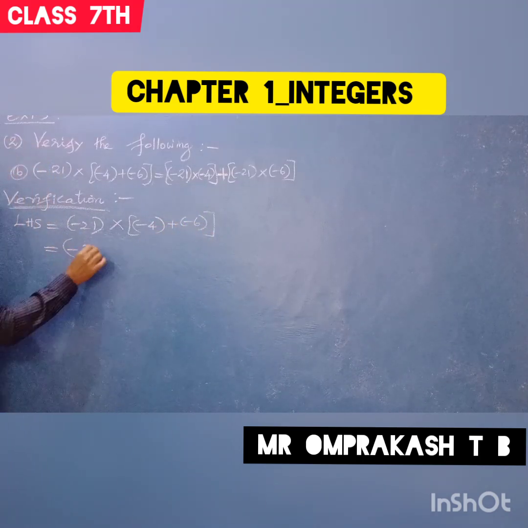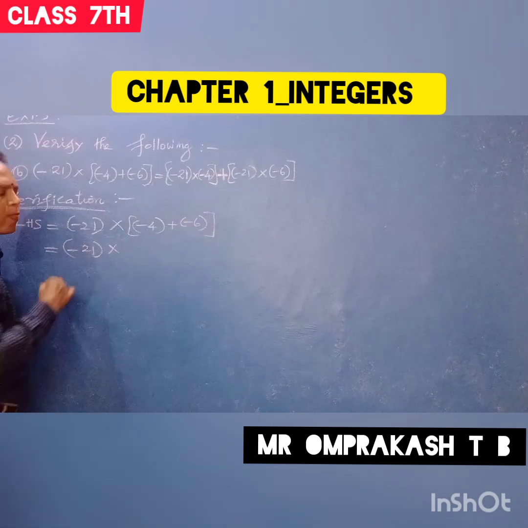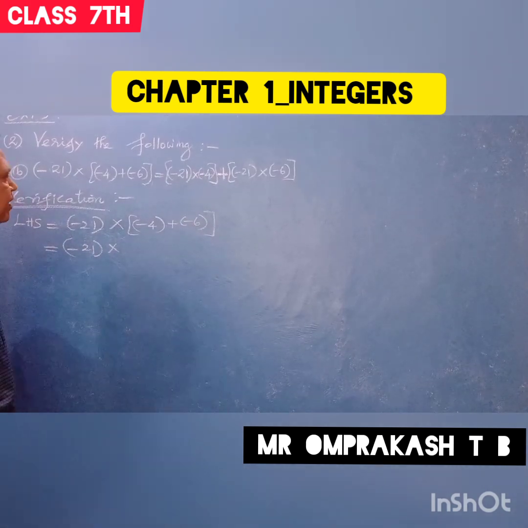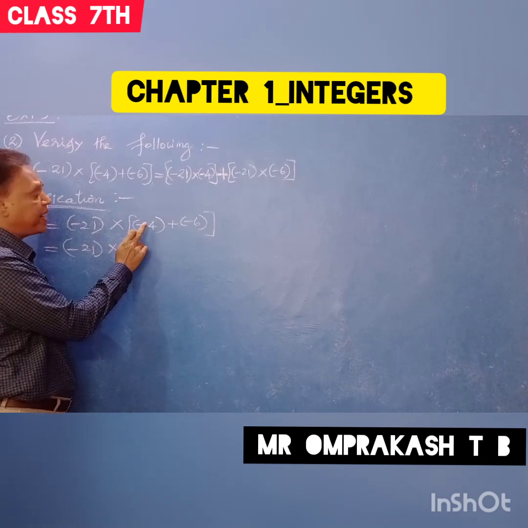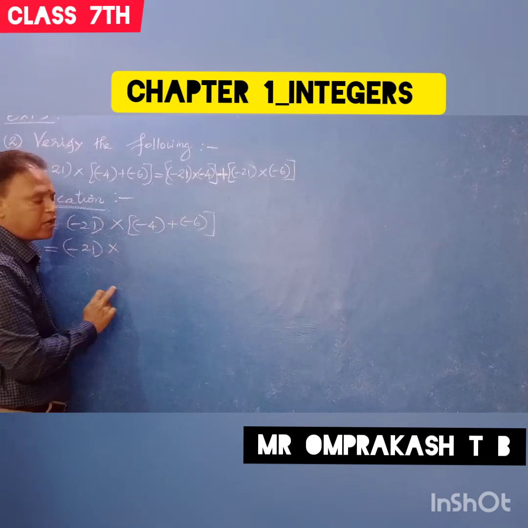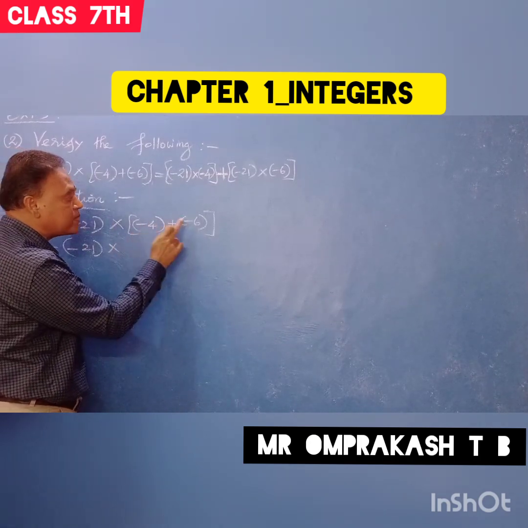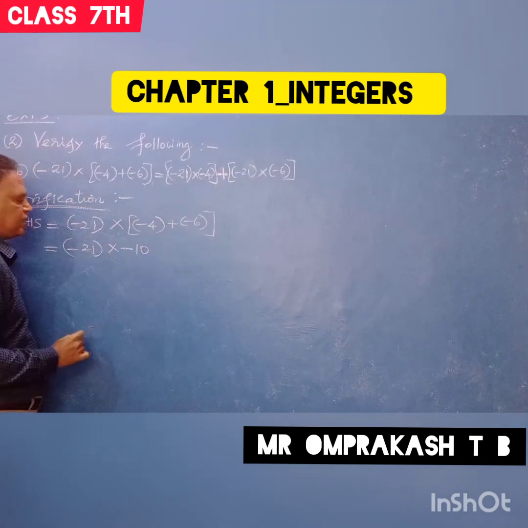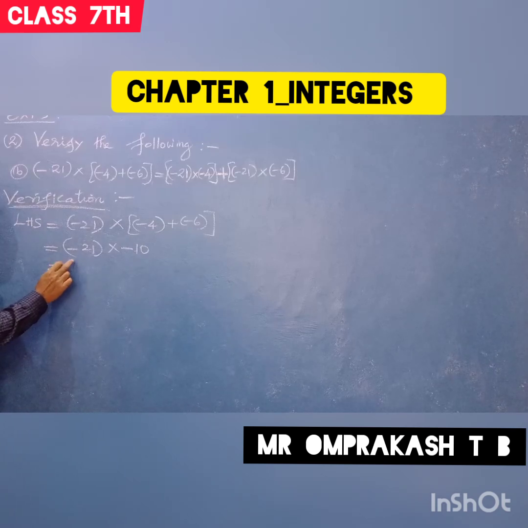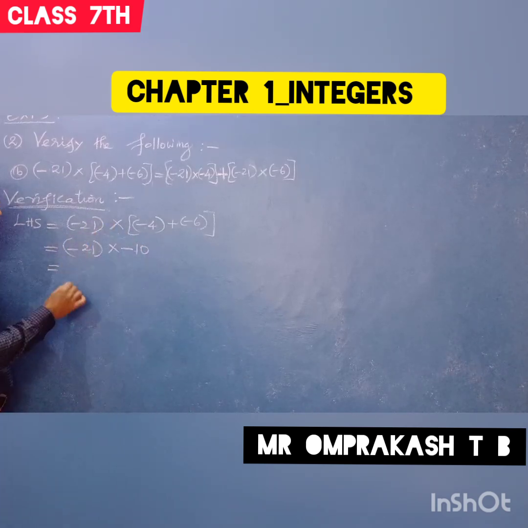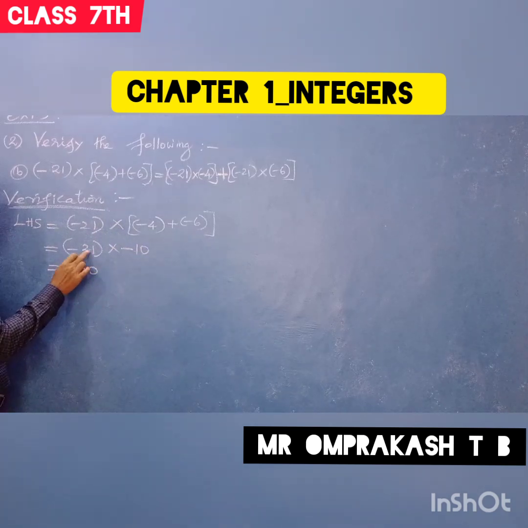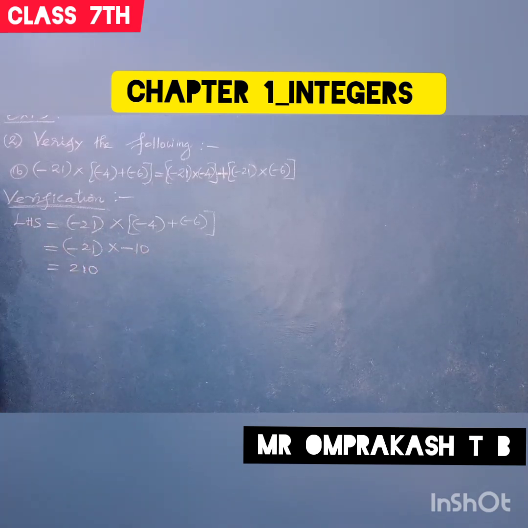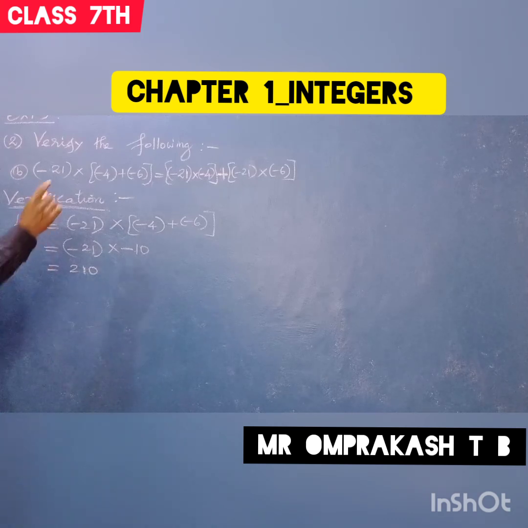Next step, simplify the bracket. Minus 4 minus 6 means same sign, add, 10, and put the same sign, minus 10, right? Next step, minus into minus is plus, 21 into 10 is 210. Next, the right hand side, same thing.